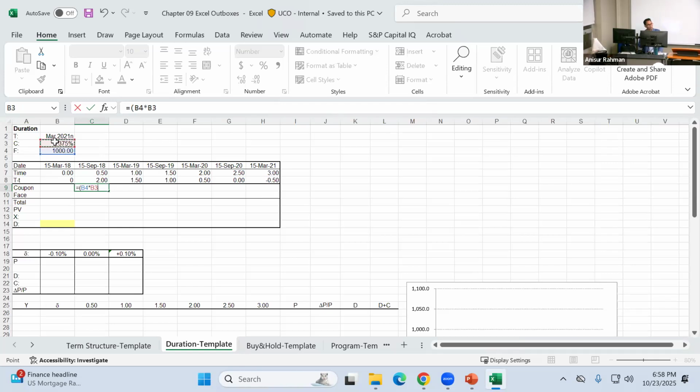And then I want to move across, so I'll lock the column only. And because these are semi-annual, what I'm going to do is divide by 2.